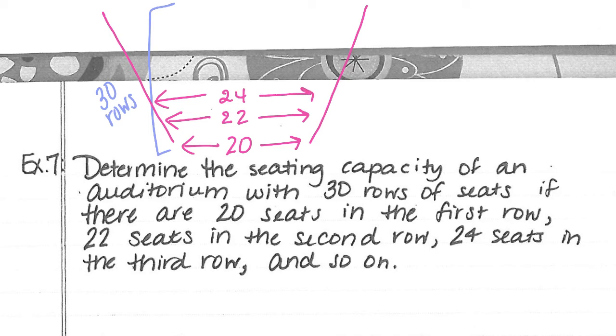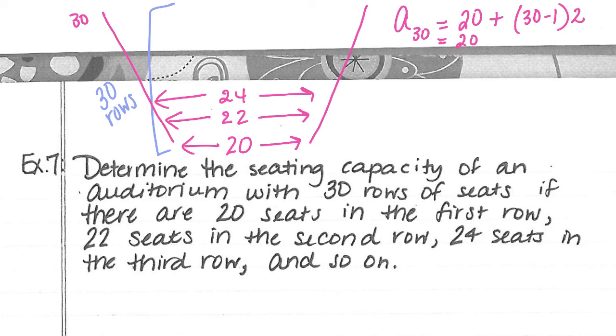So the first thing I have to do is find out how many seats are here in row 30. So let's go ahead and use a sub n, but that n is going to be 30. a sub 30 is equal to, well, the first term's 20. I know I'm looking for the 30th row, and it's all going up by 2.